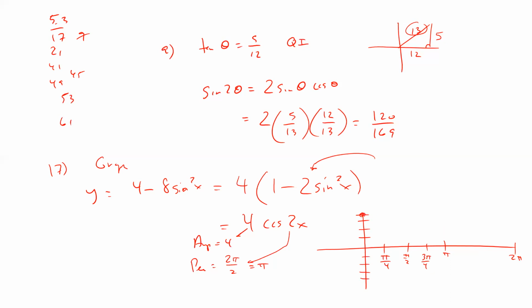Cosine is going to start high all the way up at 4, come all the way down to -4, go all the way up, and then we're going to do it again. So hold on, I cut this into pi over 4s. Pi over 4, 2 pi over 4, 3 pi over 4, 4 pi over 4. This will be 5 pi over 4, 6 pi over 4, which is 3 pi over 2, 7 pi over 4, and that should be 8 pi over 4.